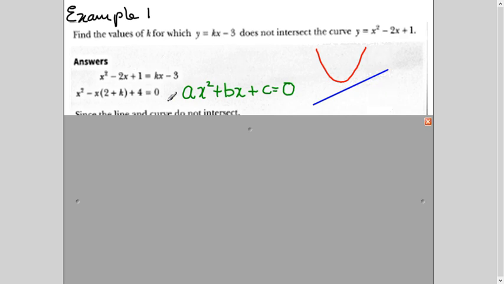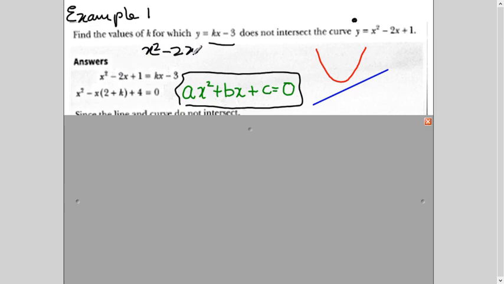You will change it into a quadratic equation like this. So you put this value of y here, like I have done here, and then rearrange it into this form. So it is x square minus 2x minus kx plus 1 plus 3, because one step is missing here, but I just want you to know.